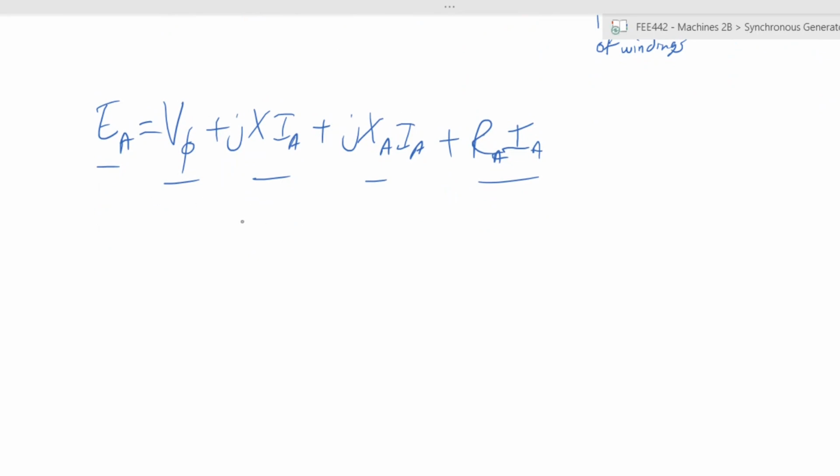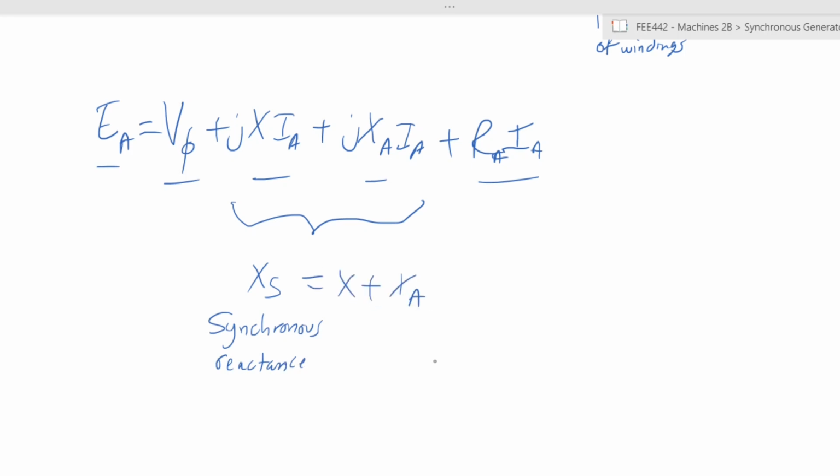Now, for convenience, we tend to combine these two inductive elements, whereby we give them a value called the synchronous reactance, which is equal to the sum of the two. Okay, so the reactance due to armature reaction and the reactance due to self-inductance of the windings themselves, right?